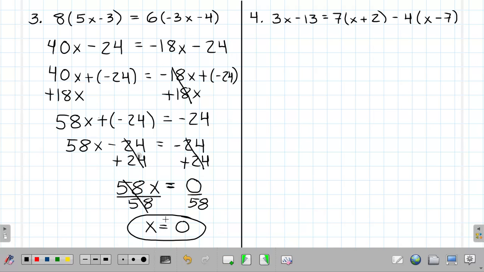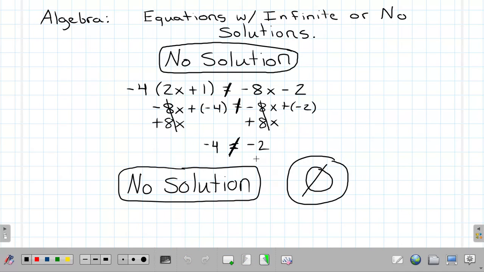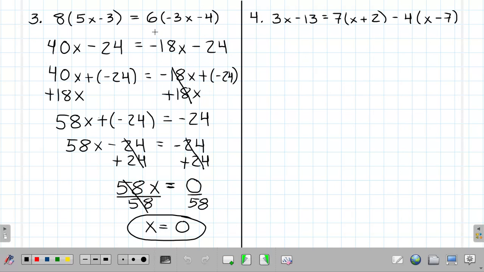We get x is equal to 0 down here. This is an equation with no solution. We get something like -4 is equal to -2. That means no number can work for this equation, whereas only the number 0 works for this equation, which means the answer is 0. So this is just one solution.